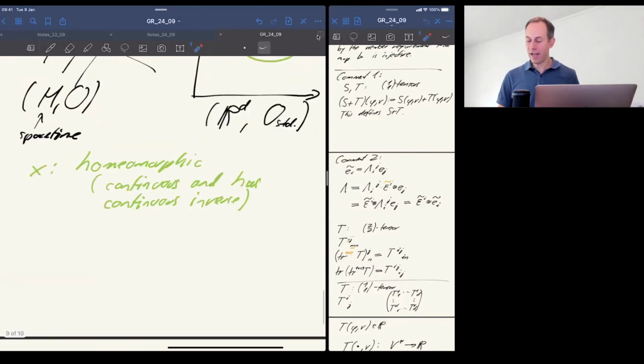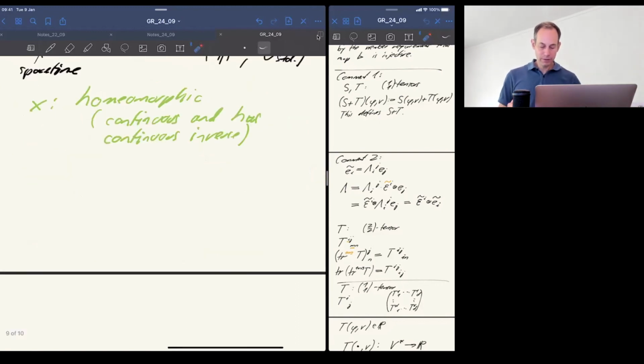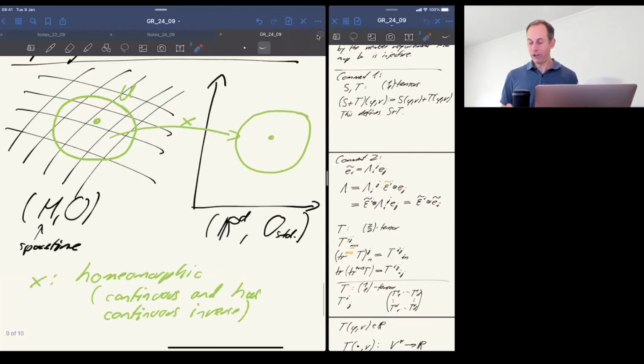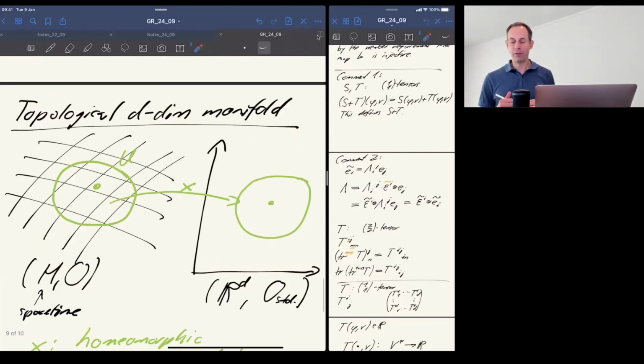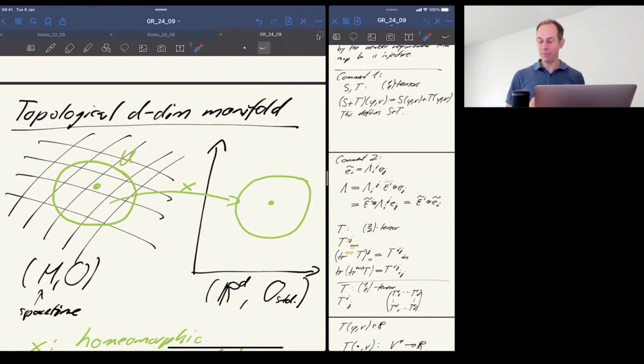It's well defined if you have two topological spaces what continuity means. So that's what the topological d-dimensional manifold is. It sounds like a very complicated object, but it's just a set of points that locally look like R^D in that sense.